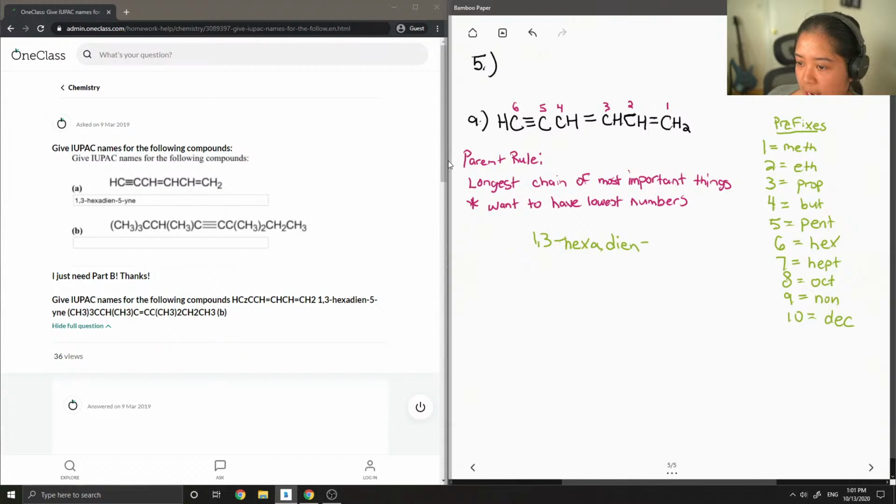And to show that I have a triple bond here, I'm going to say carbon number 5, there is a triple bond, yne. So if you're wondering where I got that ene and the yne from, for alkanes, these are single bonds.